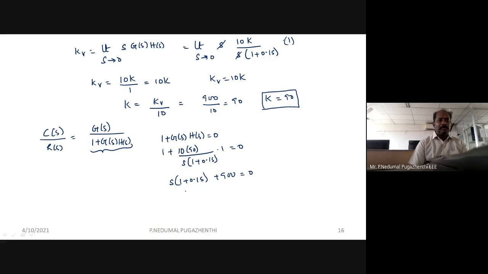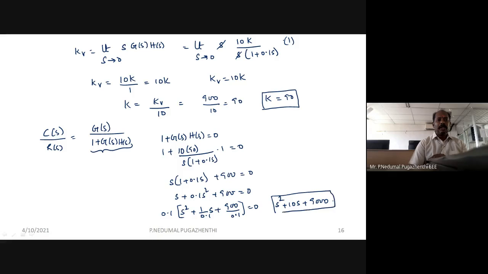Multiplying, s plus 0.1 s squared plus 900 is equal to 0. If I take 0.1 outside, I will get s squared plus 1 by 0.1 s plus 900 divided by 0.1 equal to 0, which yields the characteristic equation s squared plus 10s plus 9000.